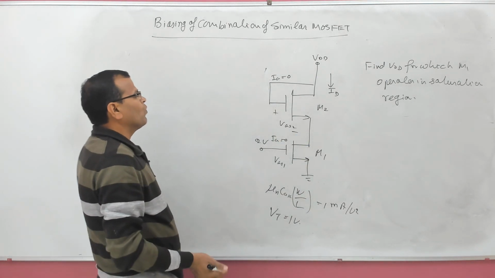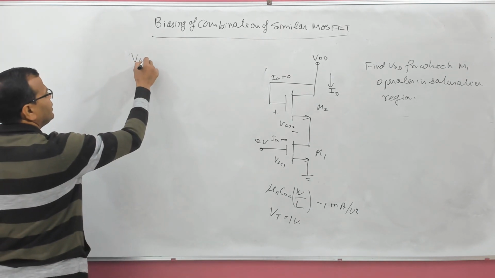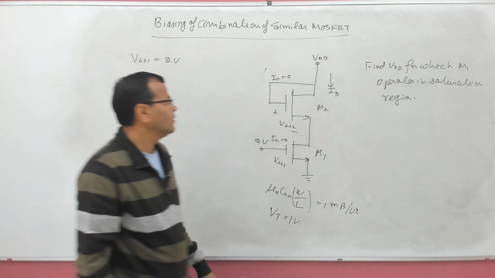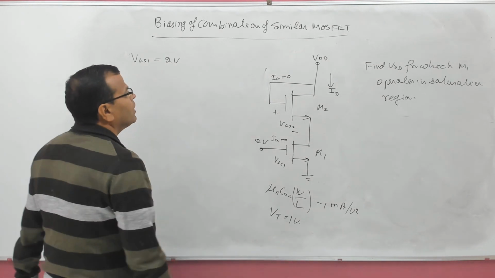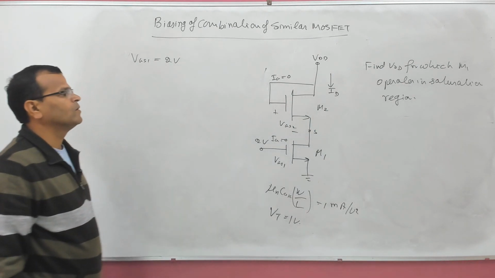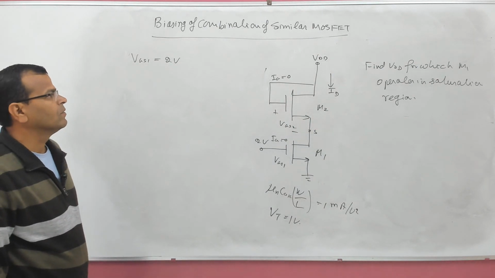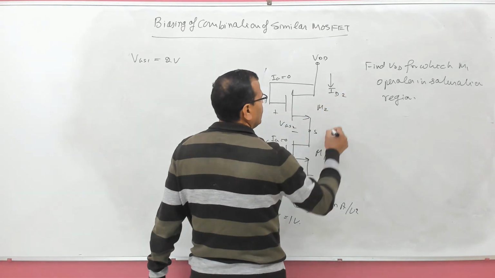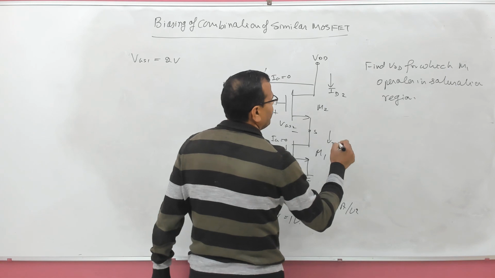So what is VGS1? Voltage VGS1 is definitely equal to 2 volt. Say this is terminal S. What is the drain current for this? Say ID2, this is ID1.